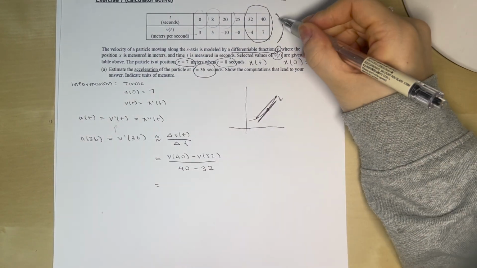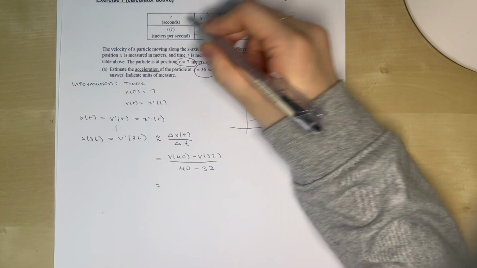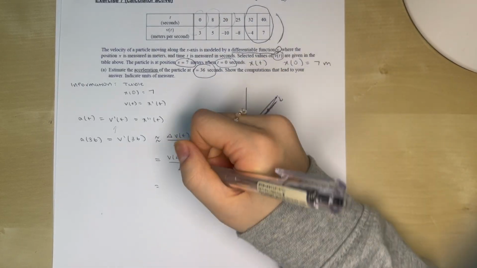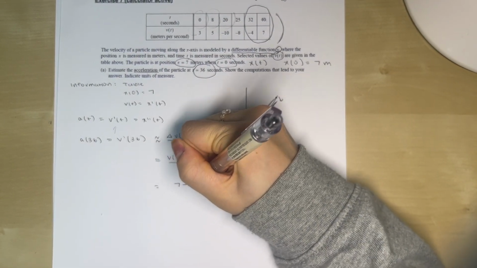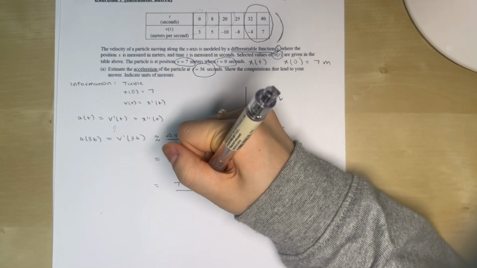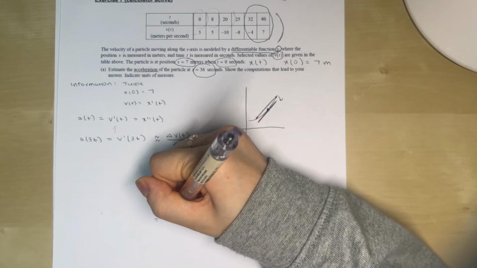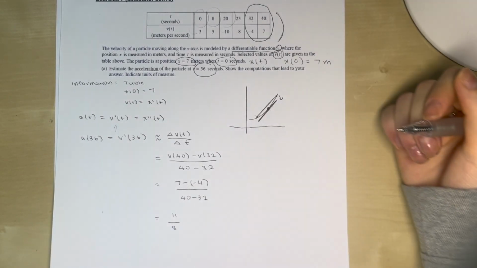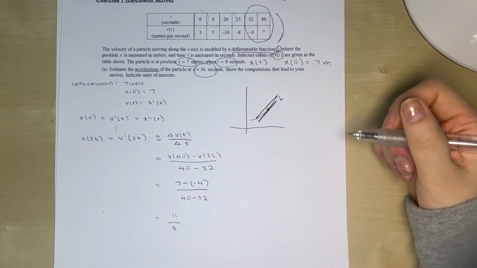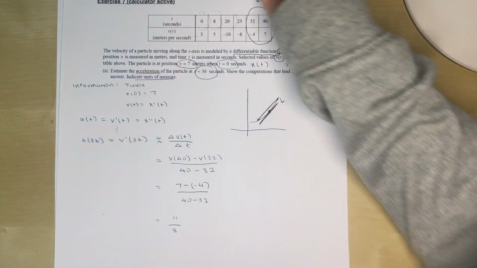We plug in v of 40, which is 7, minus negative 4, over 40 minus 32. You'll get 11 over 8.